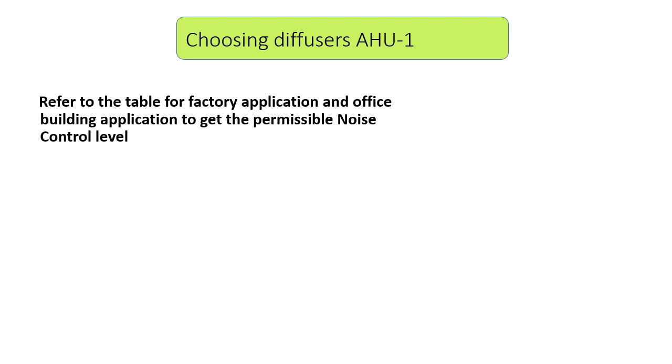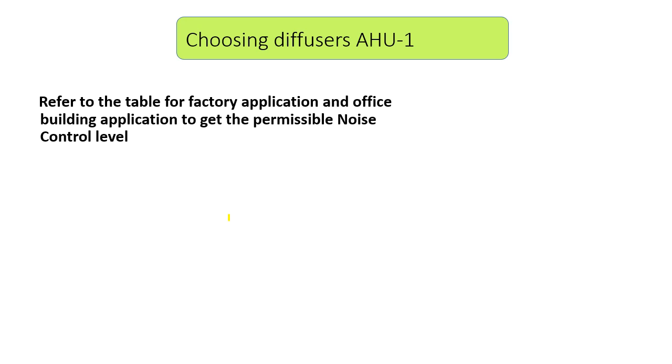Okay, how to choose a diffuser for AHU1. First, you have to refer to the table for factory application and office building application to get the permissible noise control level. How many decibels? So please look at the previous table, because I cannot go to the previous slide.